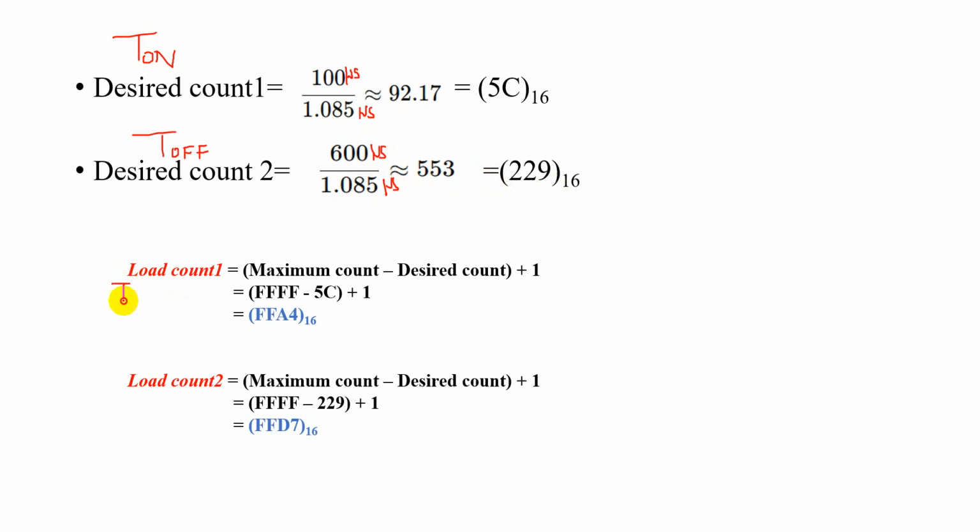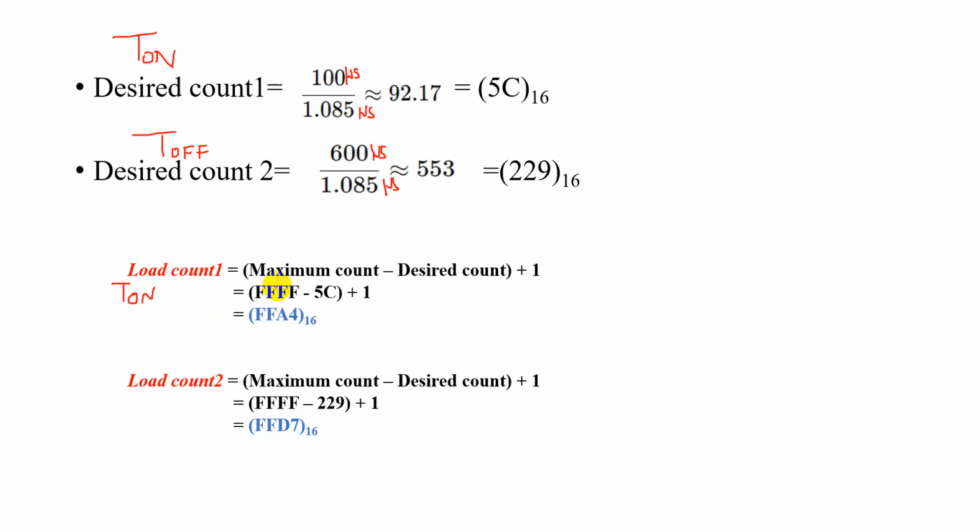That means in the timer we need to load a value for the on condition: maximum count minus desired count plus 1. The maximum count is FFFF, because we are using timer 0 mode 1, which is a 16-bit counter.